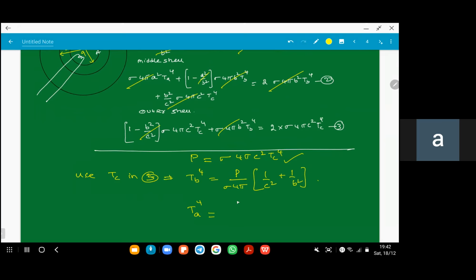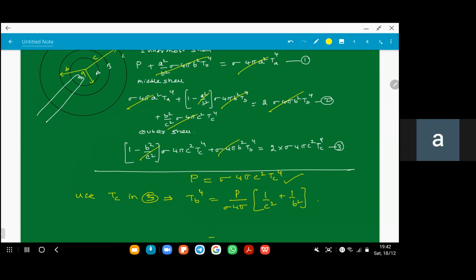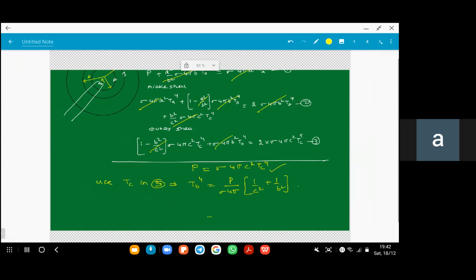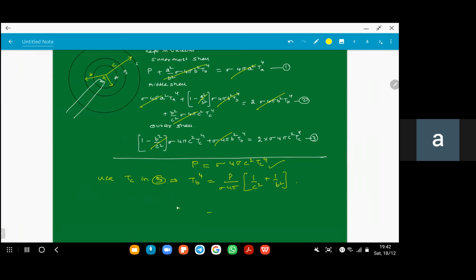TA power 4, you will get it as, now you substitute this part over here. So TB power 4, you will get in TA power 4 as P plus, simply what I am writing is sigma 4 pi TB power 4, B square cancels.